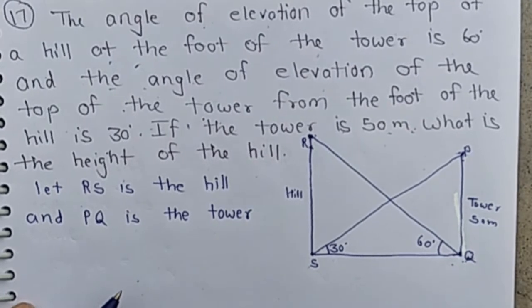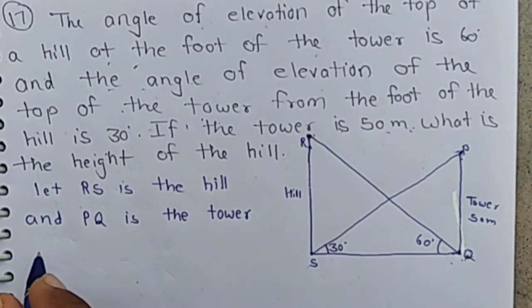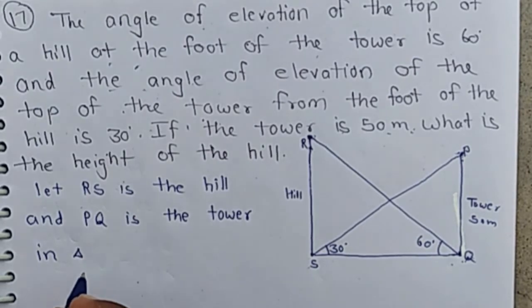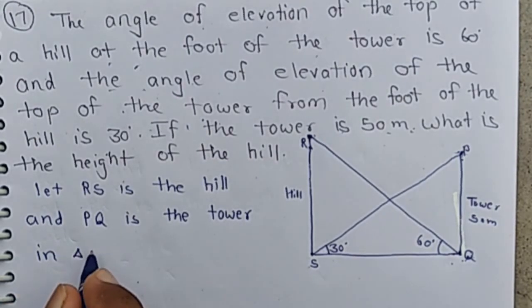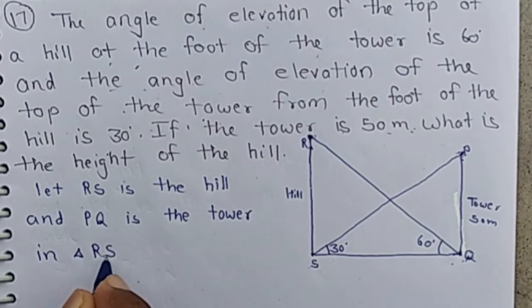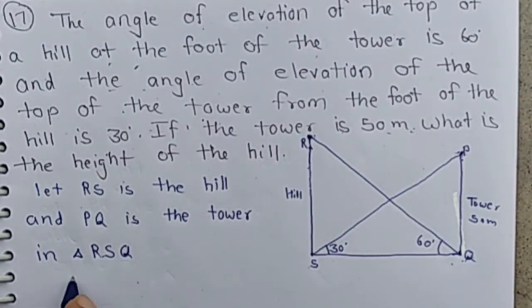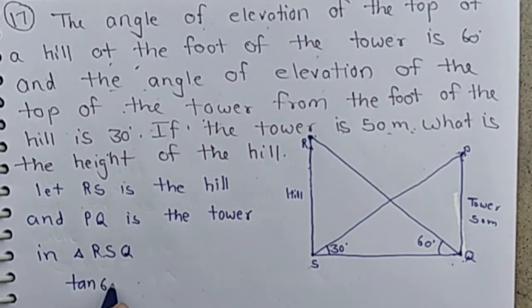RS is the hill and PQ is the tower. Then in triangle RSQ, we apply tan 60 degree.